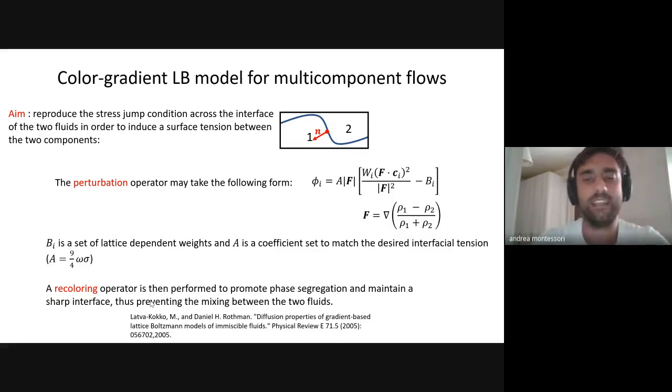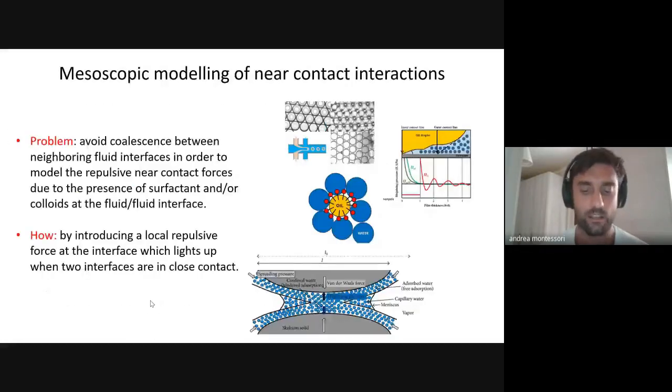But anyway, the idea of the recoloring operator is to minimize the diffusion and to maximize the phase separation between the two components. Okay, so now at this point, by implementing a color gradient, we have a quite standard lattice Boltzmann approach to simulate multi-component coalescing flows.